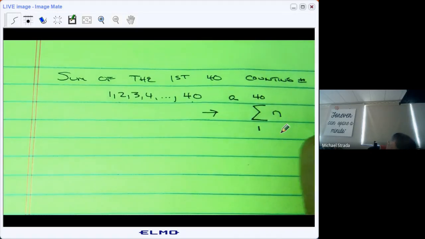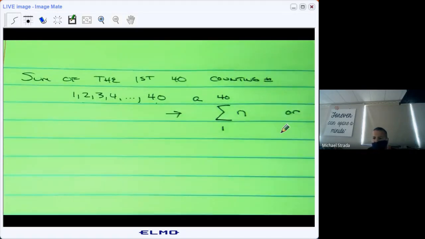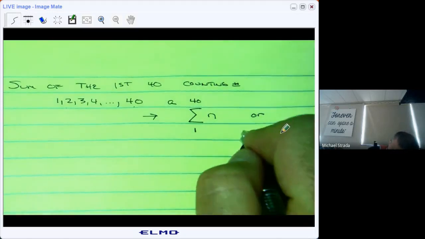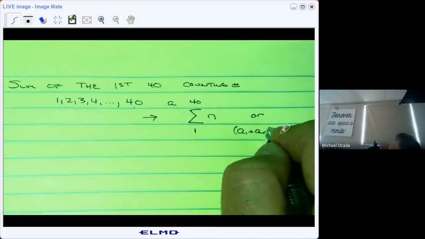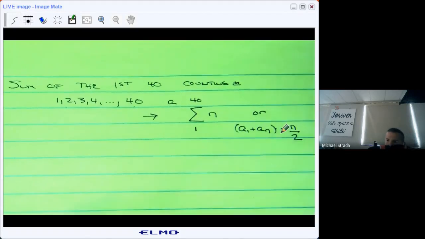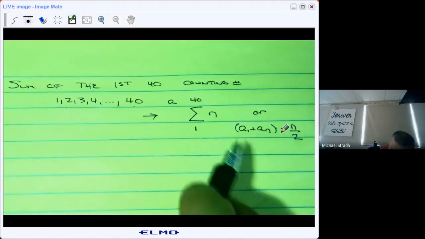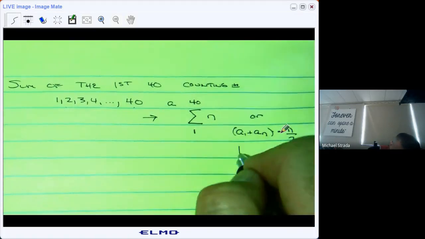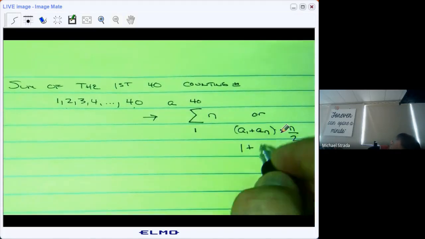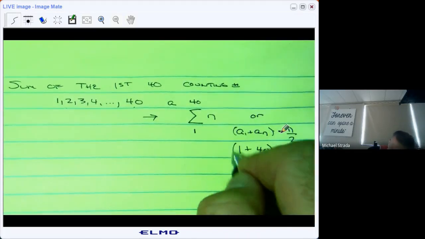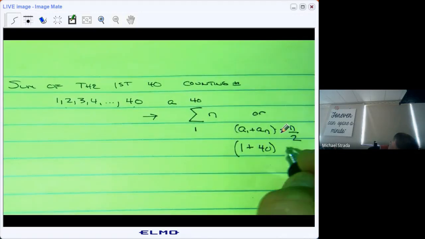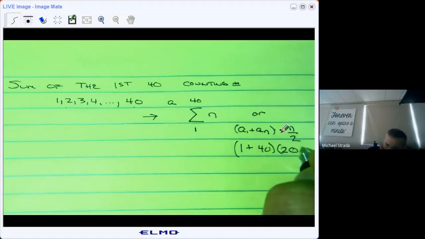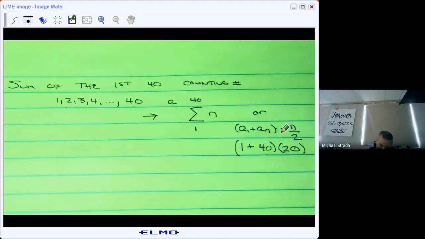Or you can use what we did yesterday, which is the formula (a_1 + a_n) times n over 2. What's the first number? 1. What's the last number? 40. And if there are 40 numbers, n is 40, what's 40 divided by 2? 20. Either way will get you the right answer.